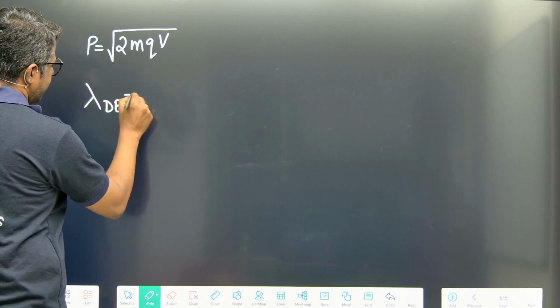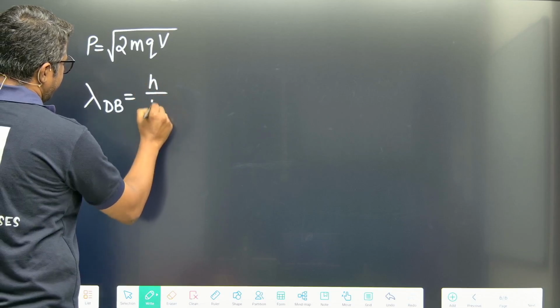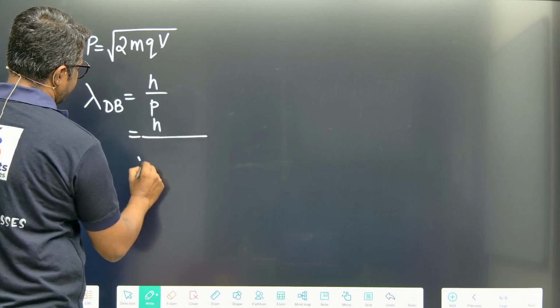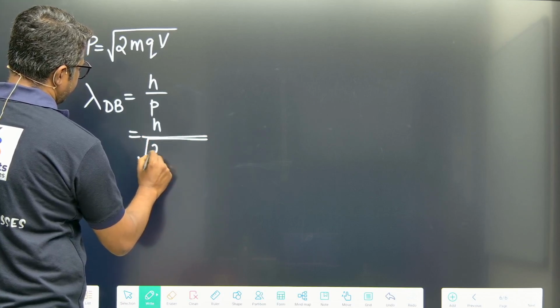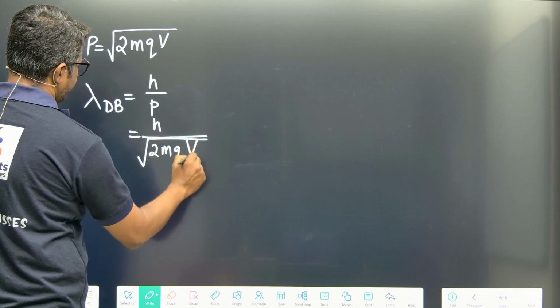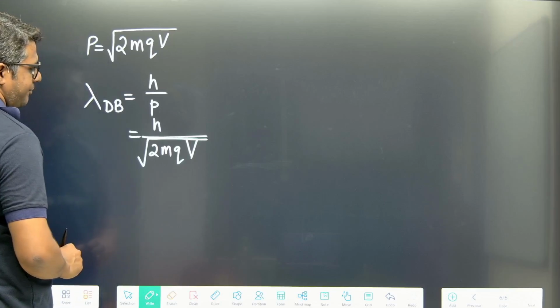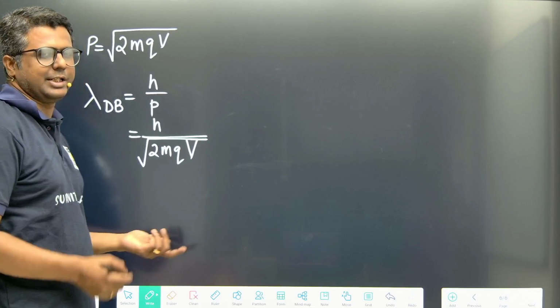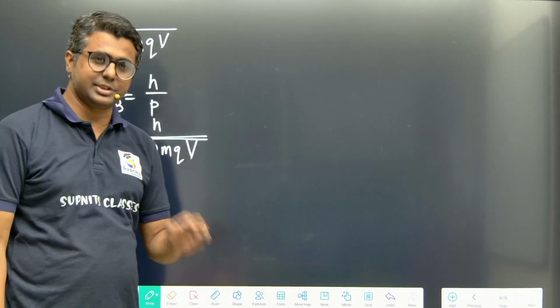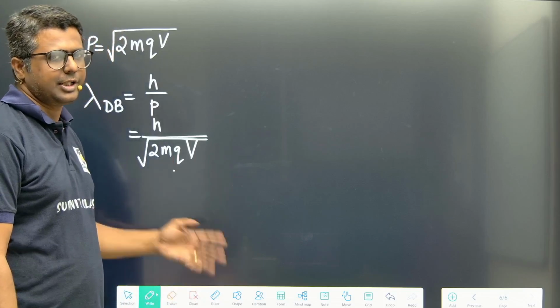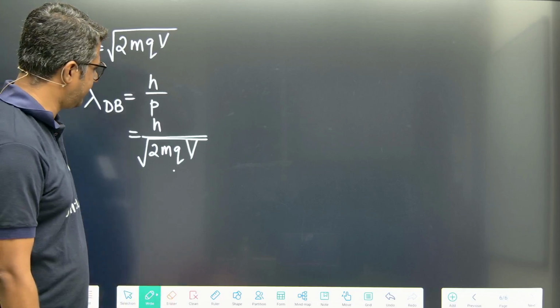Lambda de Broglie is h by p, so h by root over 2mqV. Now if you use it for proton, alpha particle, or something else which has charge, you can just use its charge over here directly and solve the problem.